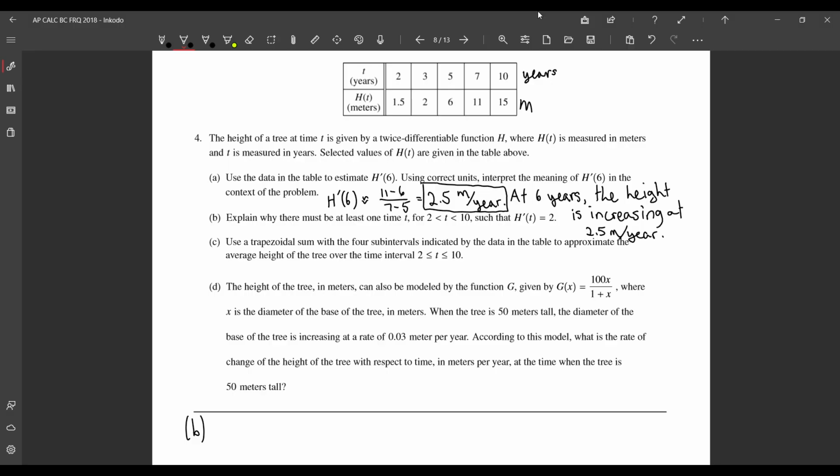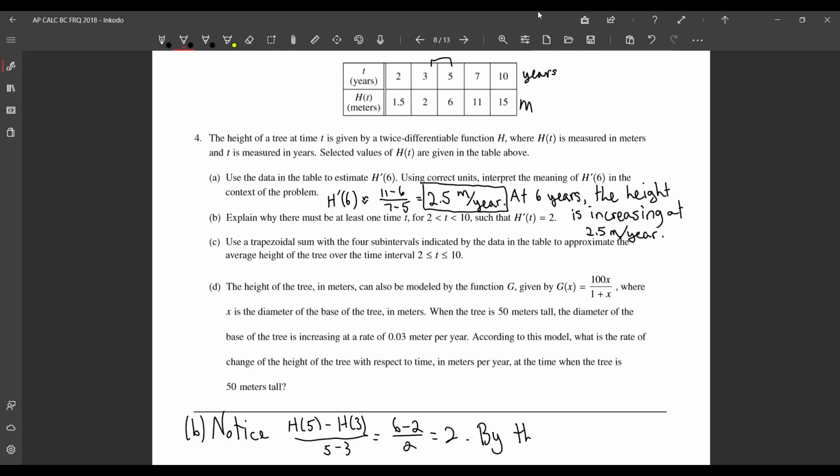And after some guessing and checking, we see that over the span from 3 to 5 years, h of 5 minus h of 3 over 5 minus 3, which is 6 minus 2 over 2, is 2.